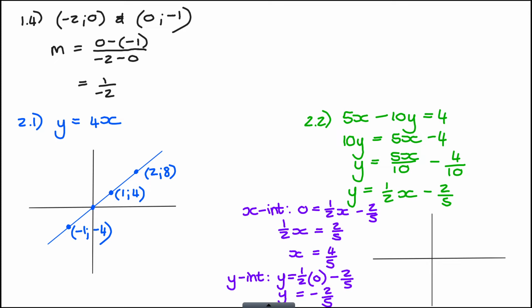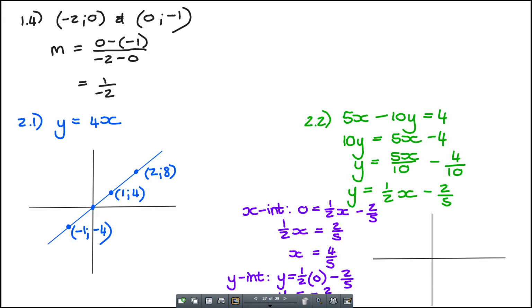Hulle het hier ergens vir jou. They would literally ask you to, hulle gaan vir jou sê, leave in the form y is equal to, and then they make these little dots. Meaning, I want y the subject, and there mustn't be anything in front of it. Okay.